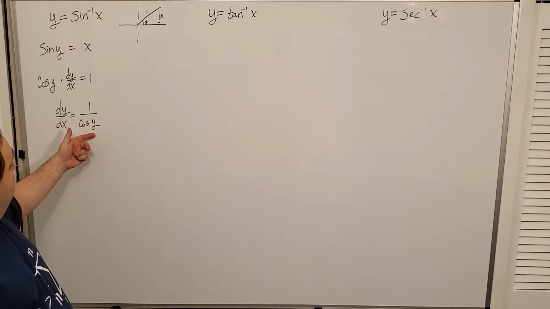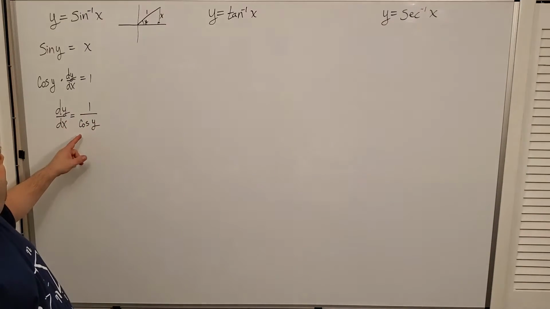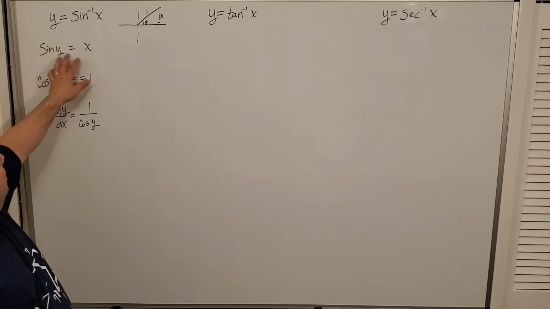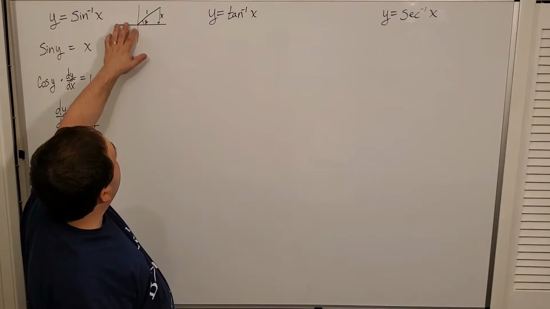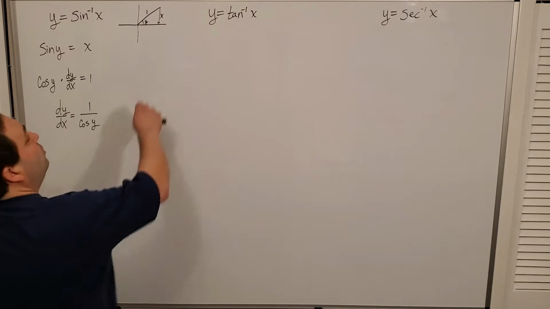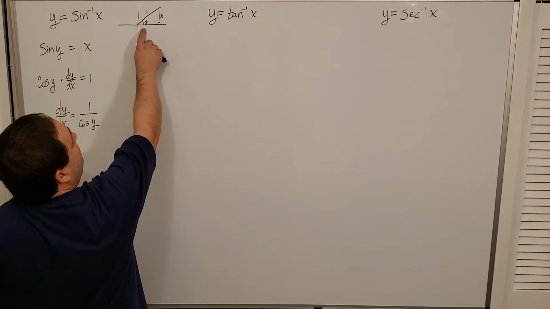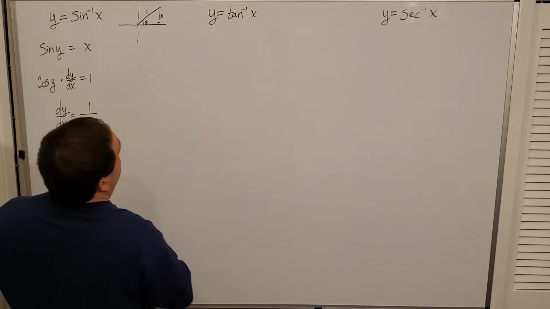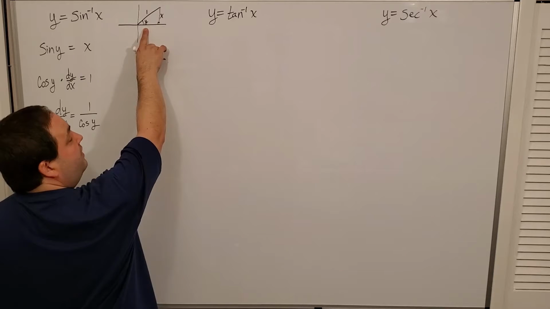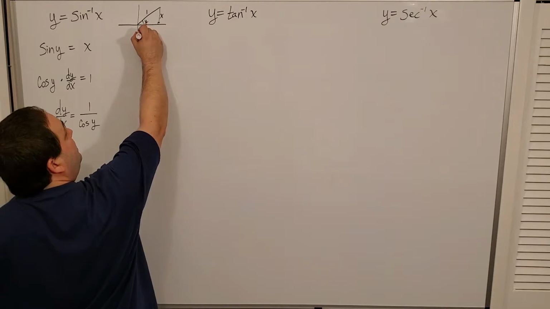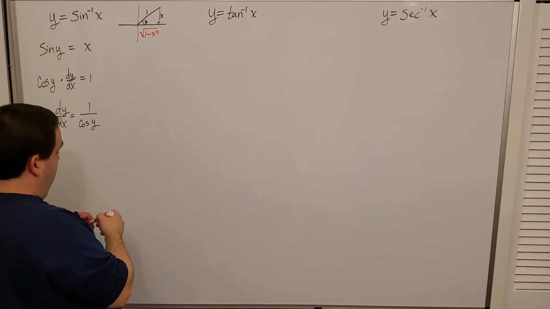Okay, so cosine of y, how does that relate to sine of y over here? If you look at this triangle, if I were to solve for the missing side underneath here, using the Pythagorean theorem, it should be the square root of 1 minus x squared.